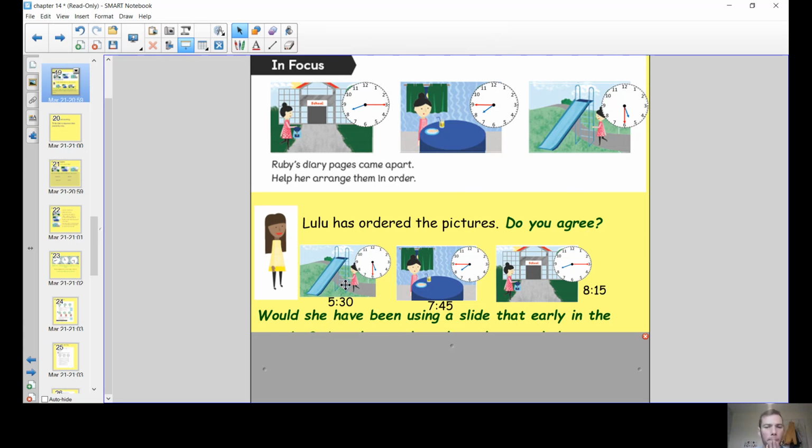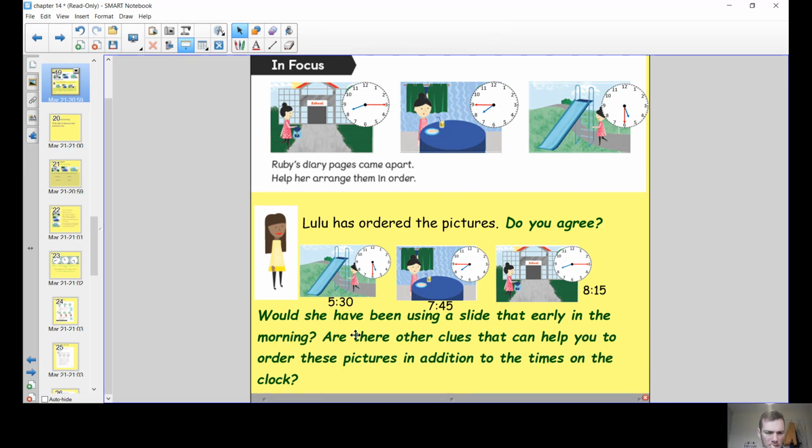Okay, well, the numbers seem to make sense, but would Ruby really have been going on a slide at 5:30 in the morning? Not so sure she would. I certainly wouldn't be getting up to go on a slide at 5:30. So I'm going to look for some other clues that can help out. So have a look. Is there anything else in the pictures that helps tell you if this is morning or afternoon?